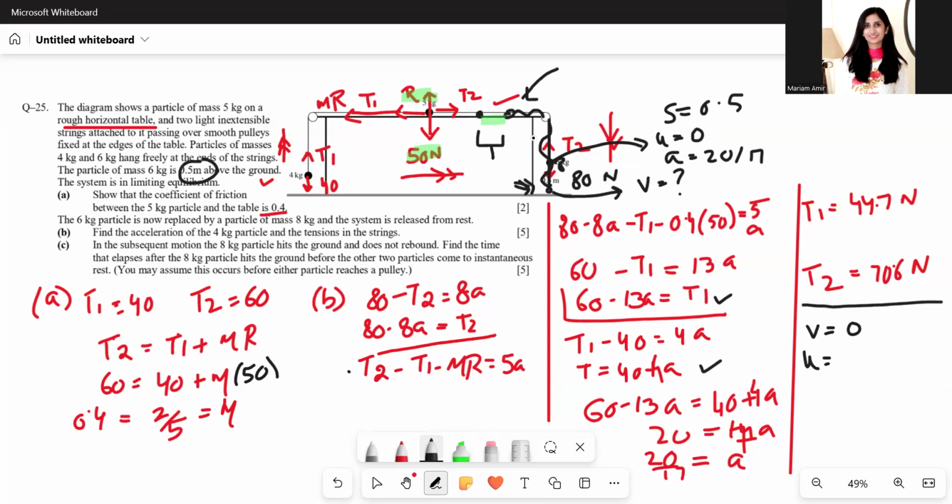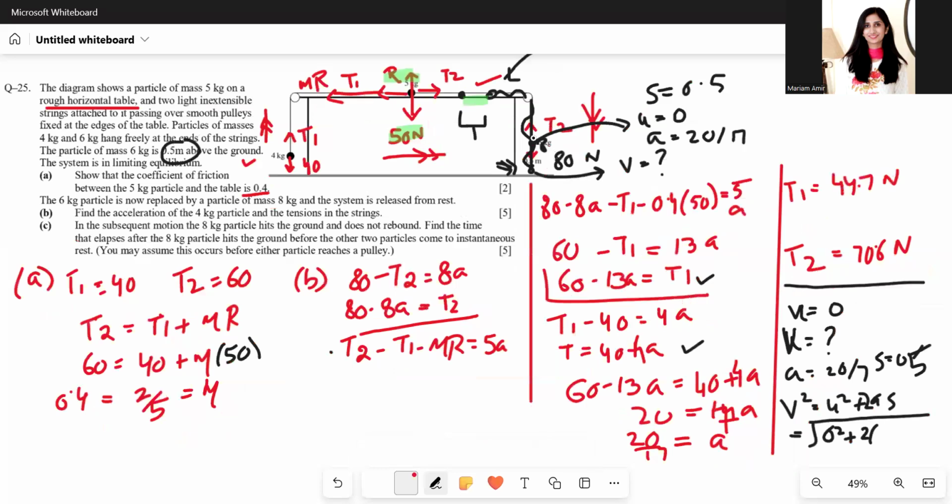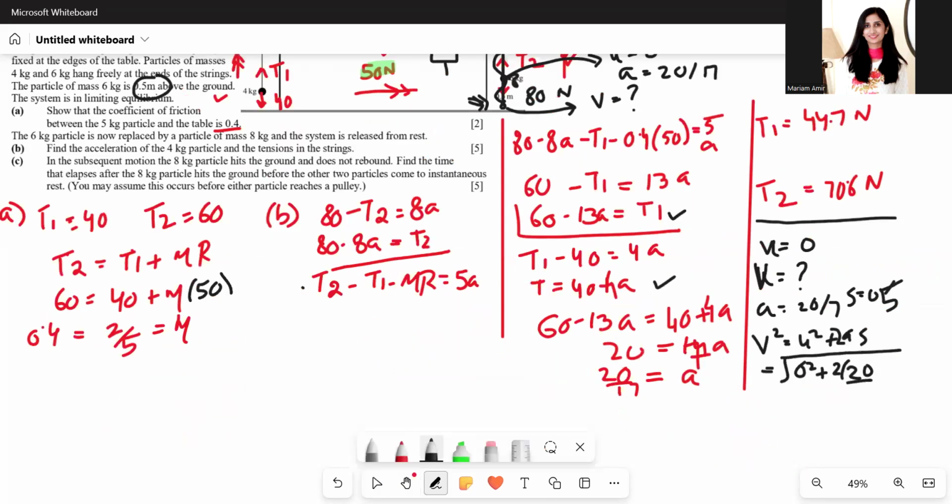Okay, so now use these. U is 0, V is what we have to find. A is 20 by 17, S is 0.5. So we can use V squared equals U squared plus 2AS. So square root of 0 squared plus 2 times 20 by 17 times 0.5.